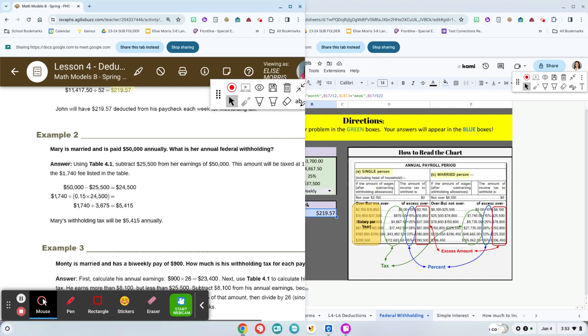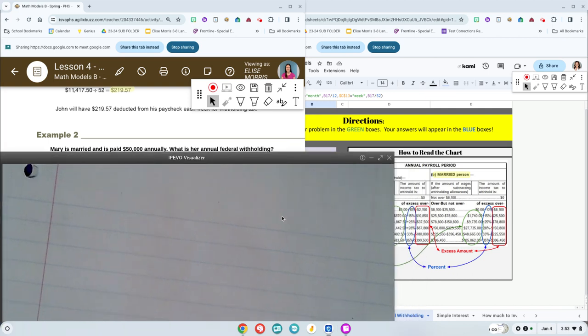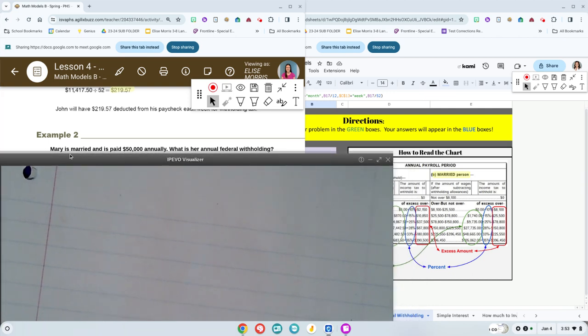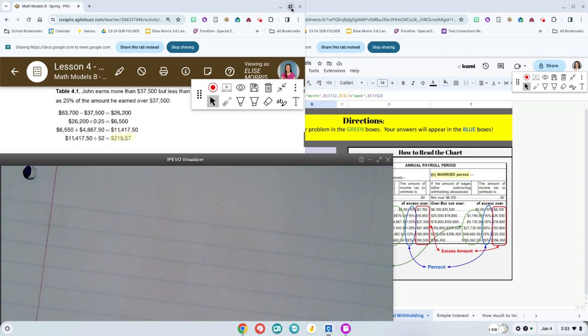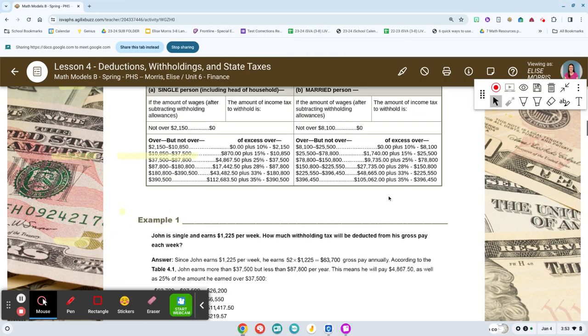This is all that it is. Mary is married and is paid $50,000 annually. What is her annual federal withholding? So we're going to scroll up to the chart. I'm going to make it a little bigger. And we're going to take a look.